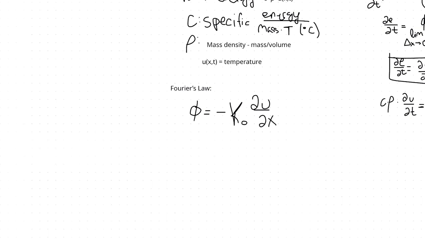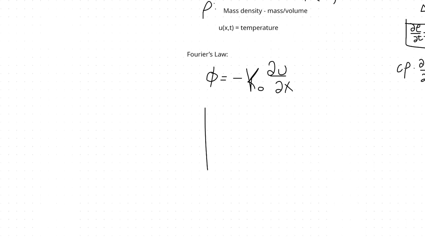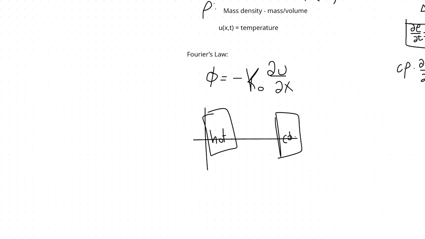Fourier noticed that if you have a temperature gradient, like something hot here and something cold over here, then, hot to cold, the temperature of this will increase. It'll go opposite to what its value is. And similarly, this will decrease.